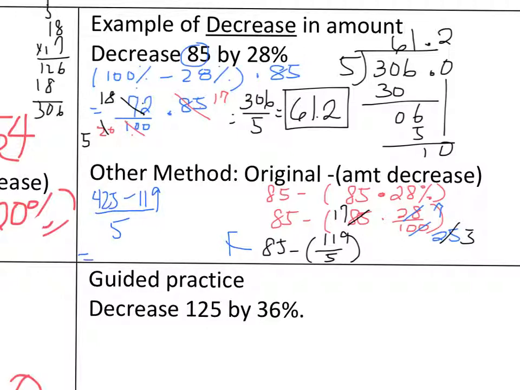You will get 306 as well over 5. So it's the same thing as this step over here, and you should get 61.2 as well. So as you can see, the first method is easier.